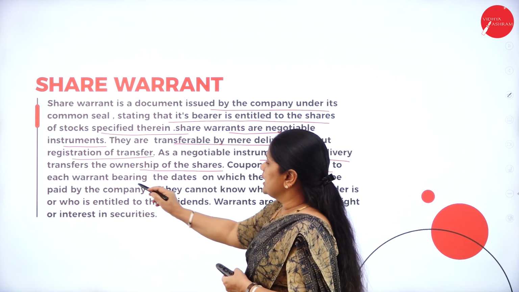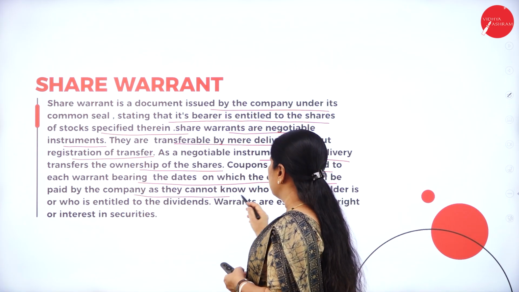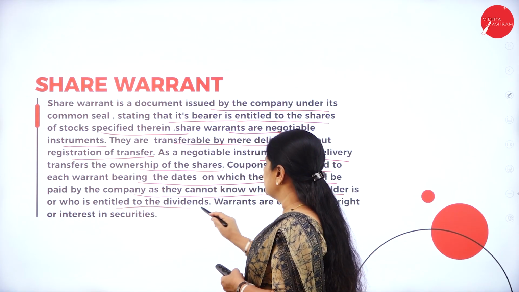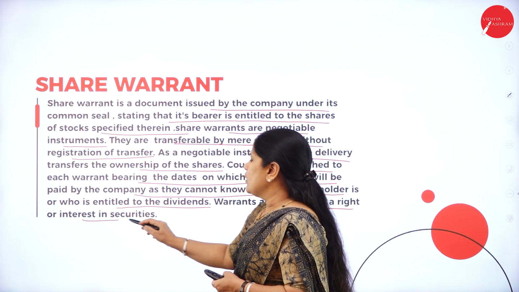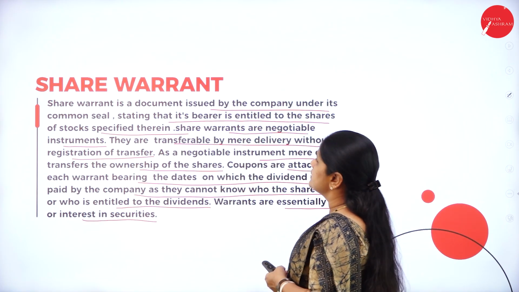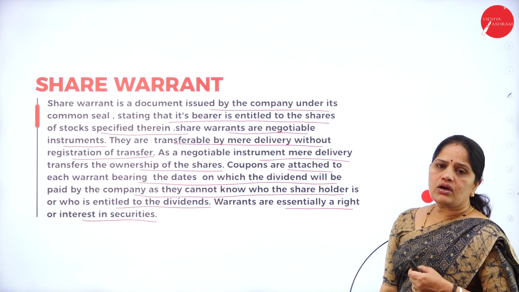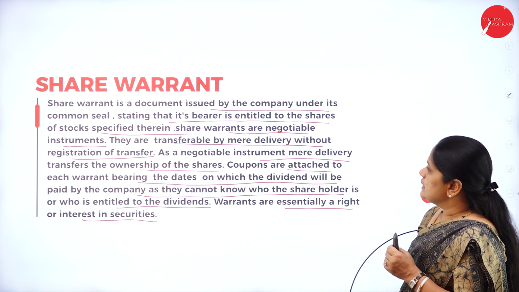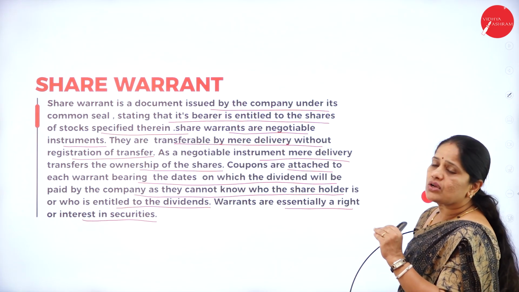Coupons are attached to each warrant bearing the dates on which the dividend will be paid by the company, as they cannot know who the shareholder is or who is entitled to the dividends. Warrants are essentially a right or interest in the securities. So a share warrant is a document issued by the company under its common seal.